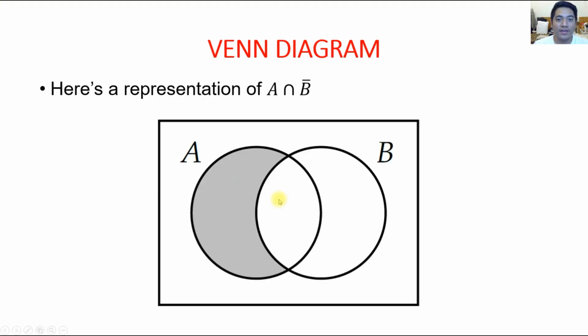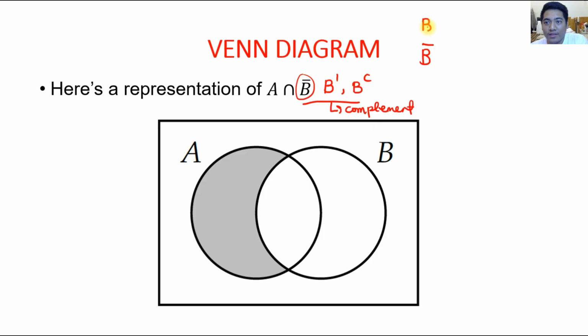And also, here's a representation of the set A intersection B complement. Sometimes it is written like this, or sometimes like this, but all of these have the same meaning, which means the complement. When we say B complement, say we have a set B with members 0 and 1.